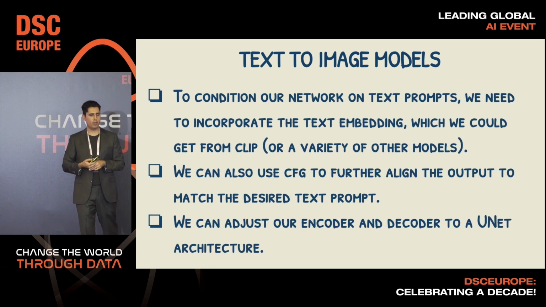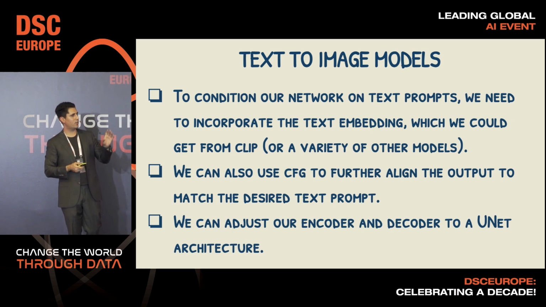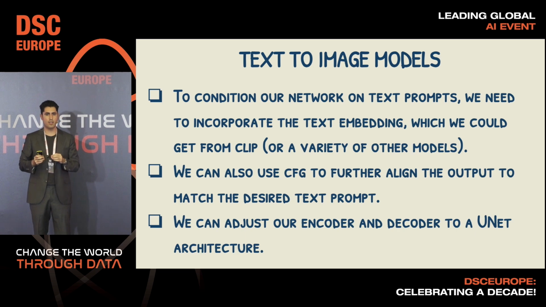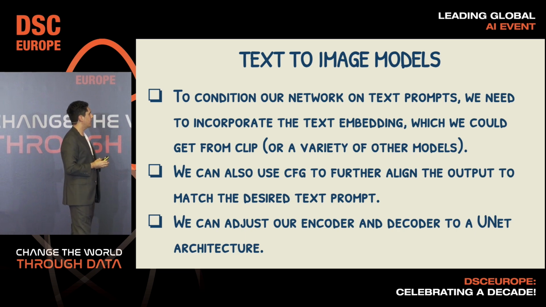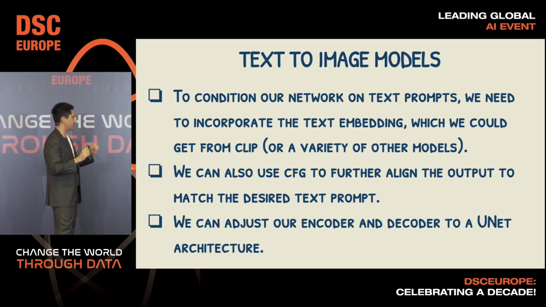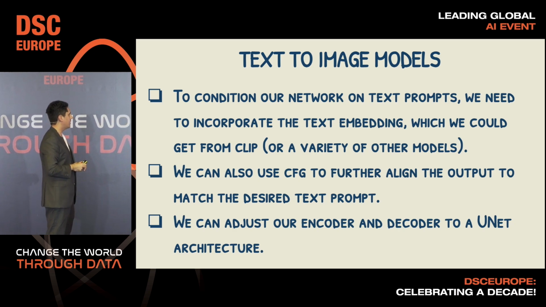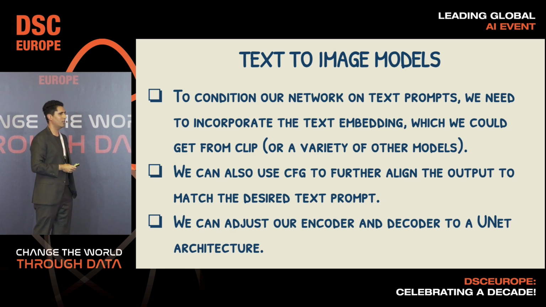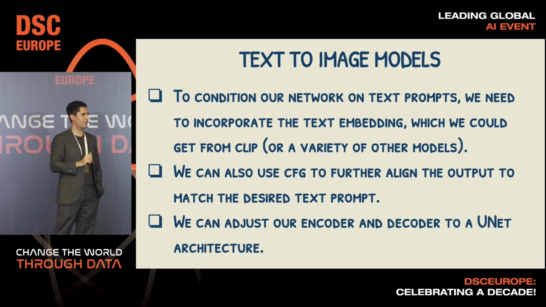So to condition our network on text prompts, we're going to need to incorporate that text embedding, which remember has been trained to be linked to images. Very useful. And there's also a variety of other models beyond CLIP, but we'll use CLIP because it's kind of like the grandfather of all this. And then we're going to also discuss classifier-free guidance, or CFG, which you may have seen this term if you've played around with some of these models.